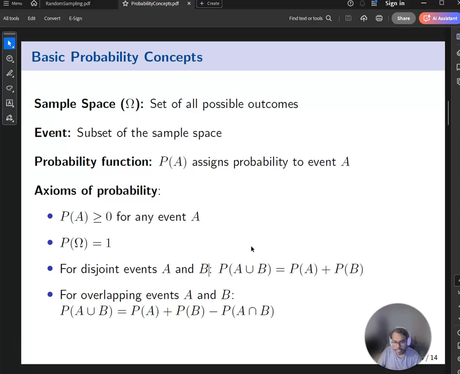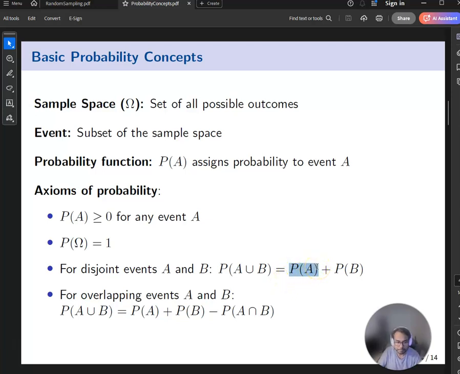And in that case, the probability that either of them occur, which is captured by A union B, this U over here stands for union, then the probability that either A or B will happen is the sum of their individual probabilities.